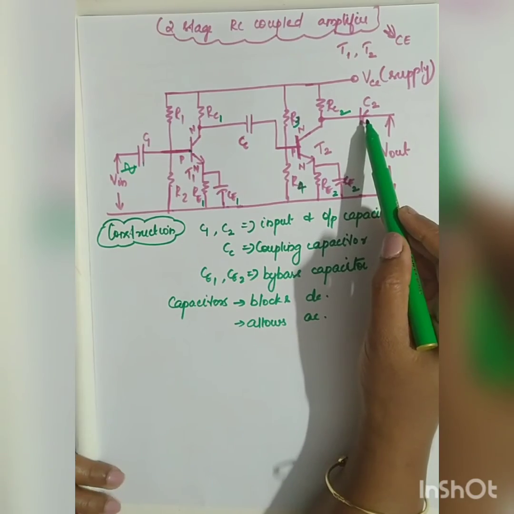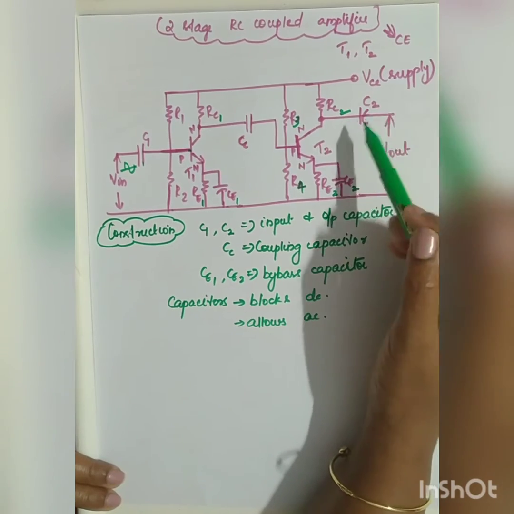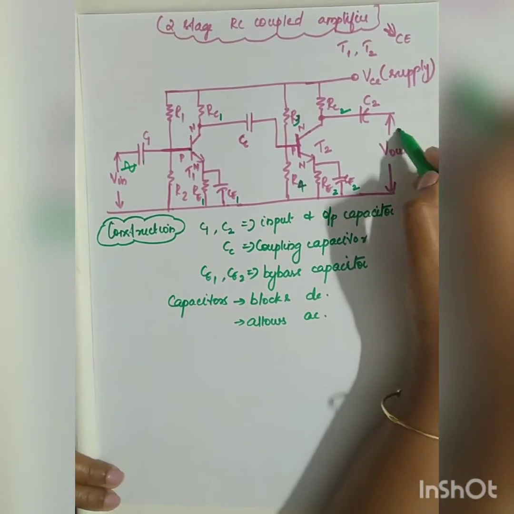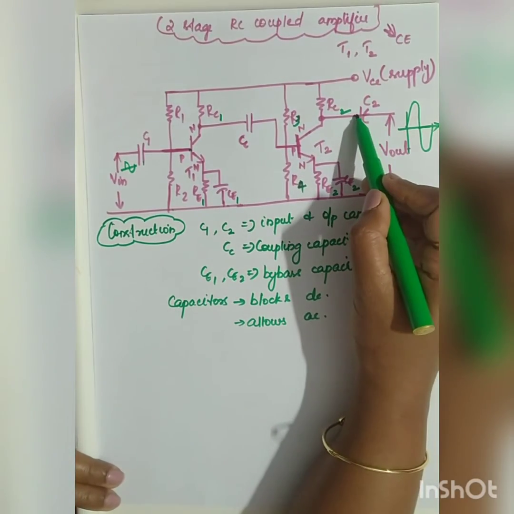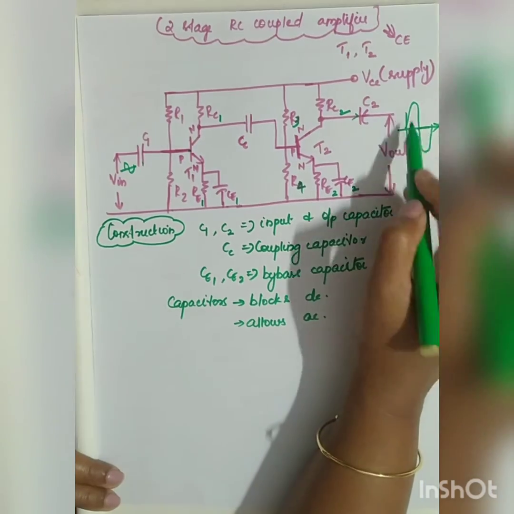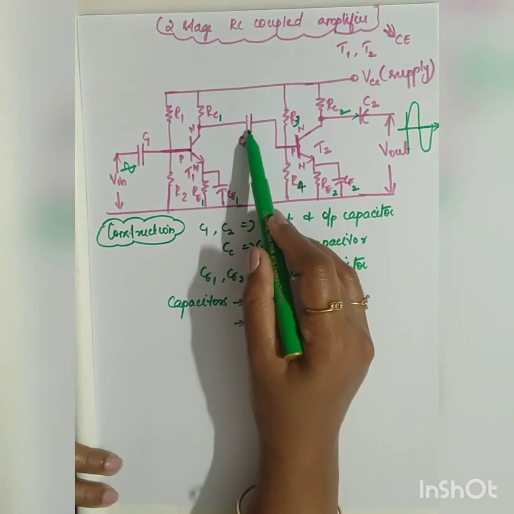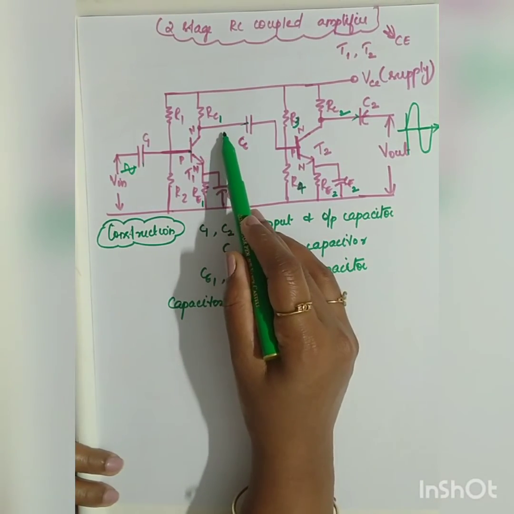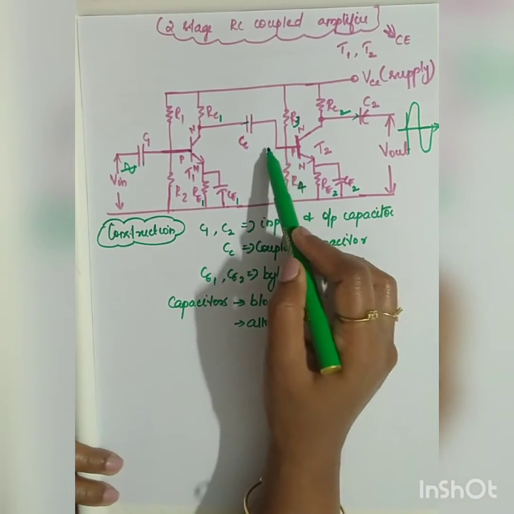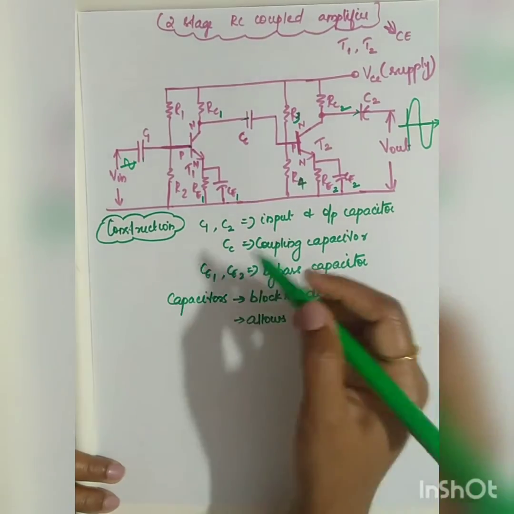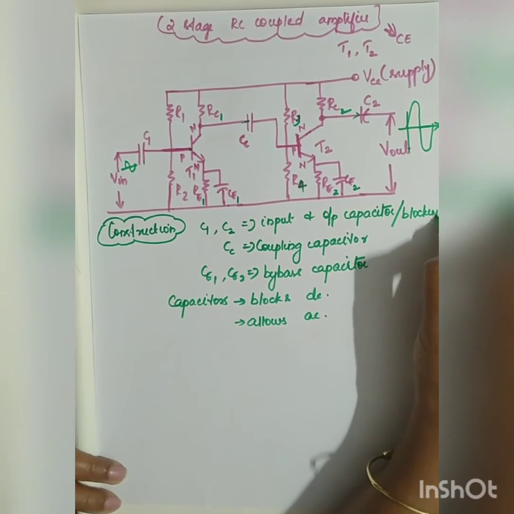Similarly, in the output, what does your C2 do? In the output we are interested only in our amplified AC signal, so it blocks all the DC components and allows the AC components. Now similarly your CC, coupling capacitor, blocks all the DC components and allows the AC to the second stage. So your C1 and C2 are also called by another name, blocking capacitors.